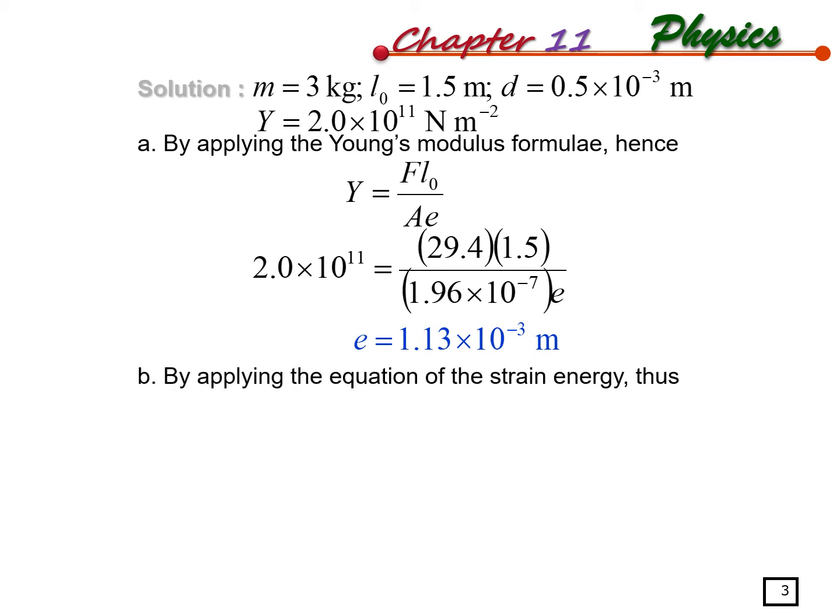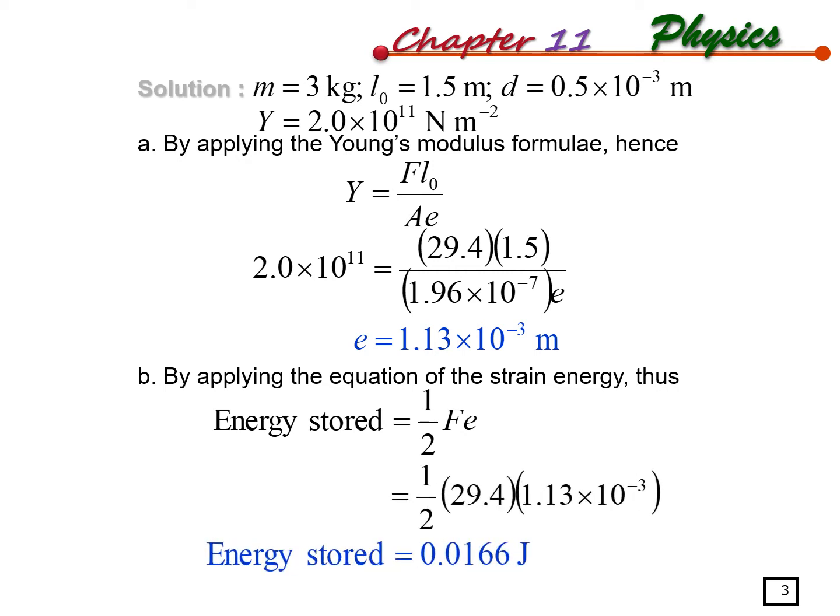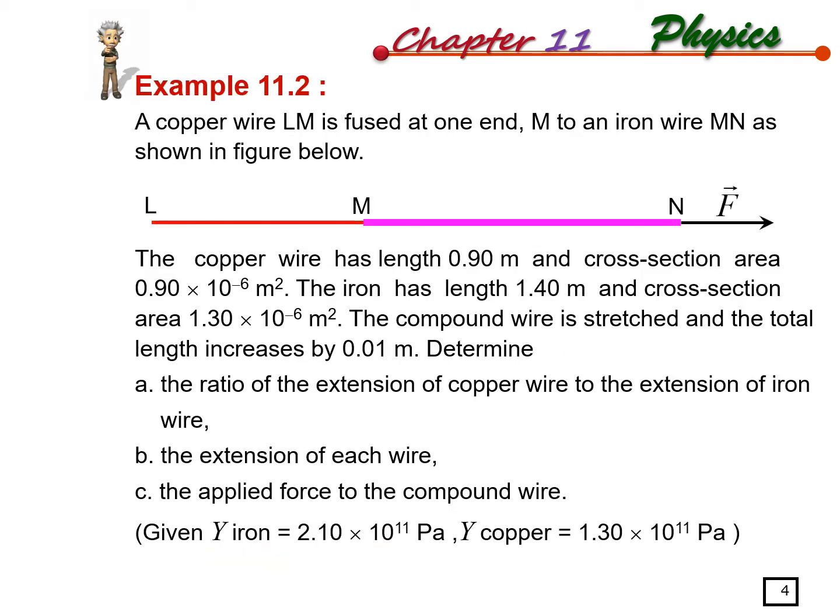Okay, and then to calculate the energy stored, we can use the equation of energy stored, which will be half force times the value of extension, which you already obtained from question A. Okay, so just replace in, which will end up with the total amount of energy stored, which will be 0.0166 joule.